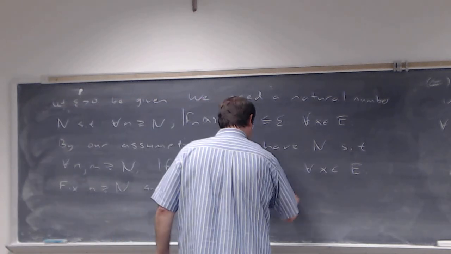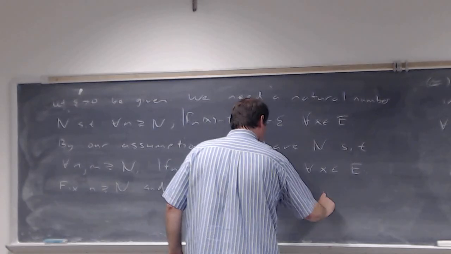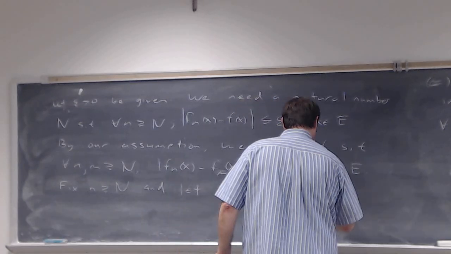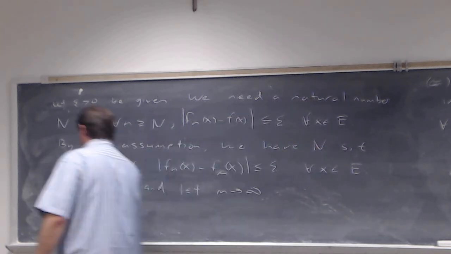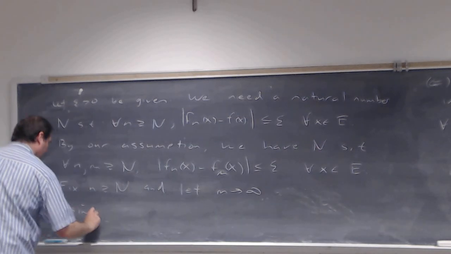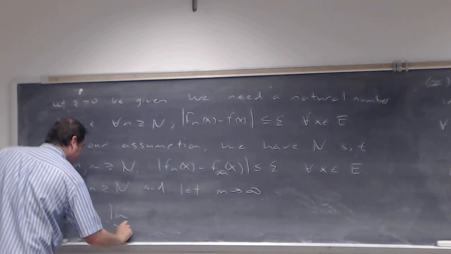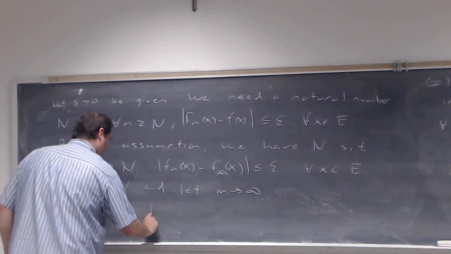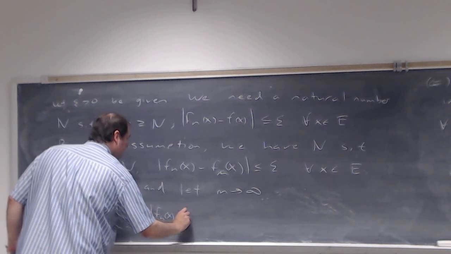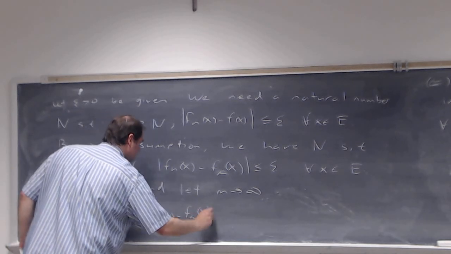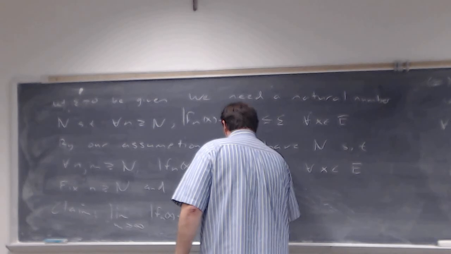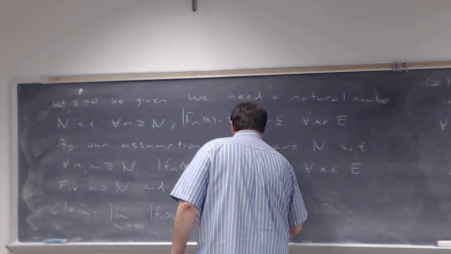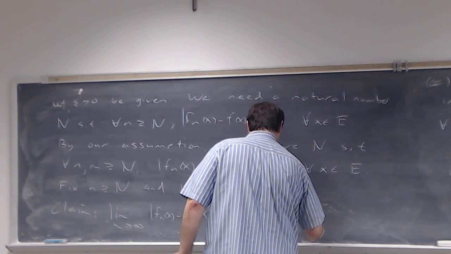Now, as a claim, the limit as m goes to infinity. Let me write it down here. Claim. The limit as m goes to infinity of the norm of f sub n of x minus f sub m of x will be equal to the norm of f sub n of x minus f of x.